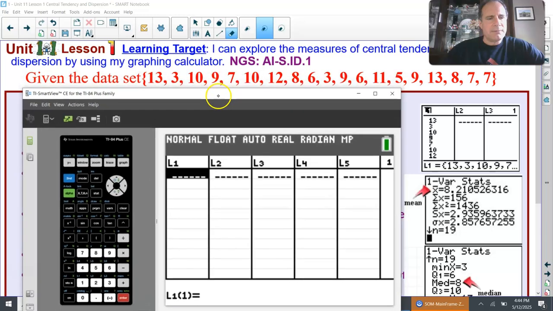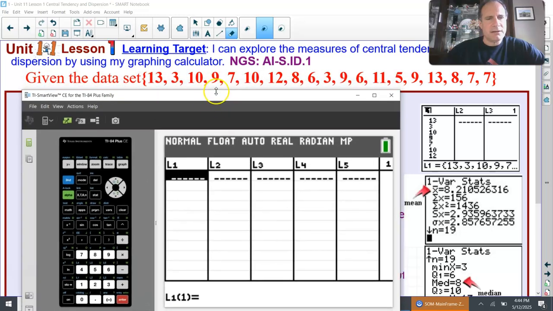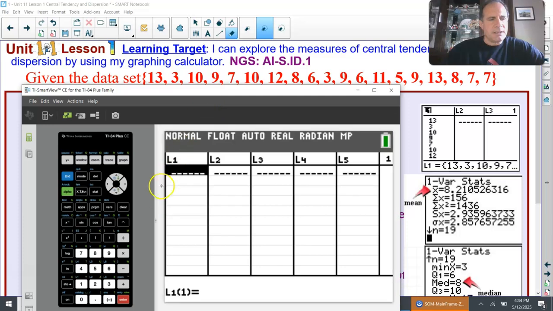So I'm going to put these numbers all into L1.